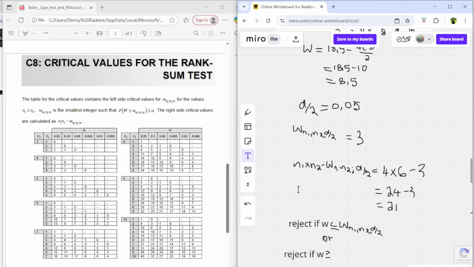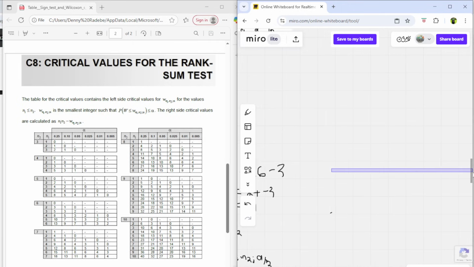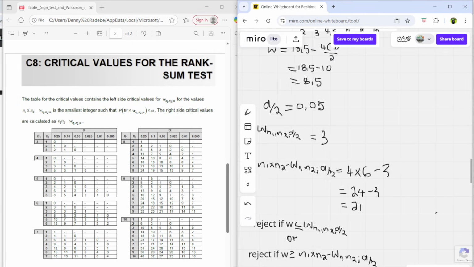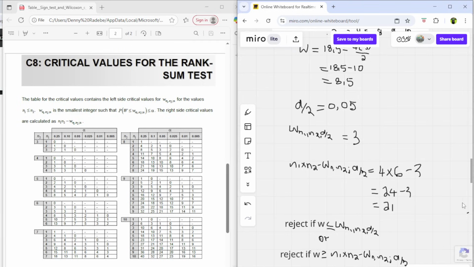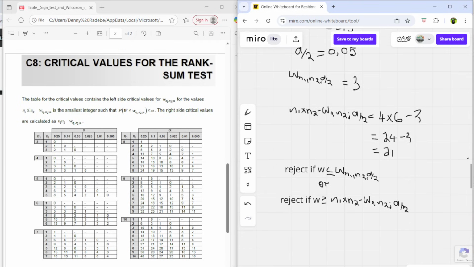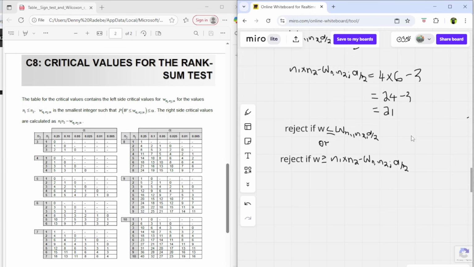So let me just do this. If W is greater than or equal to this part, Control C, Control V. That is how you do this.